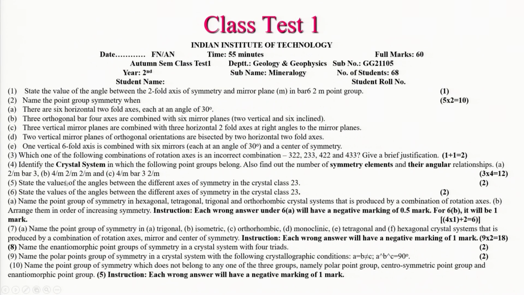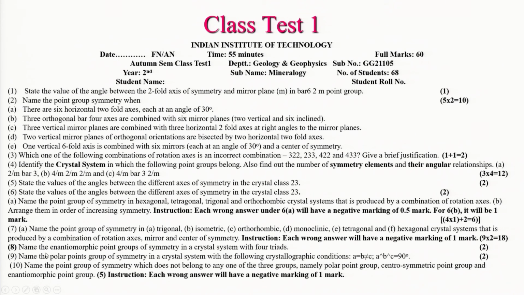The next question is: name the point group of symmetry in trigonal, isometric, orthorhombic, monoclinic, tetragonal and hexagonal crystal system that is produced by a combination of rotation axis, mirror and center of symmetry. So, here also there is the instruction that 1 negative marking will be there, and there is a 9 into 2, there are 18 marks here.